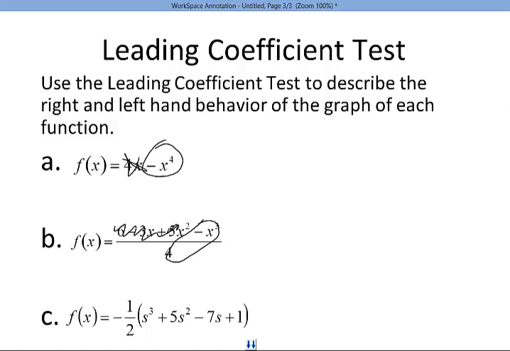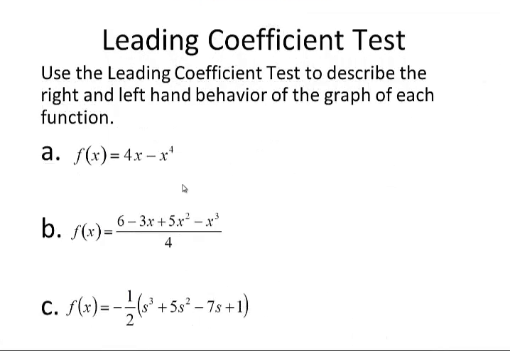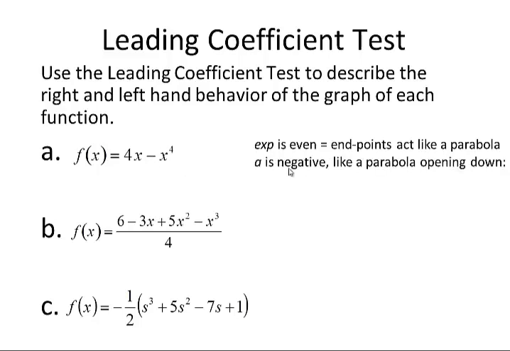For this, since the exponent is even, it's going to act like a parabola. Since it's negative x to the fourth, it's going to open down, so it falls to the left and it falls to the right.